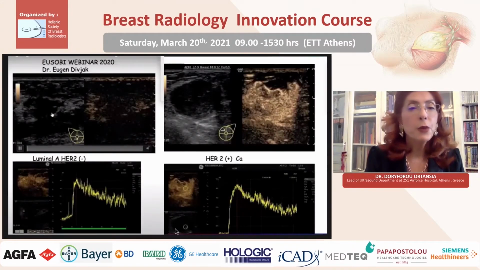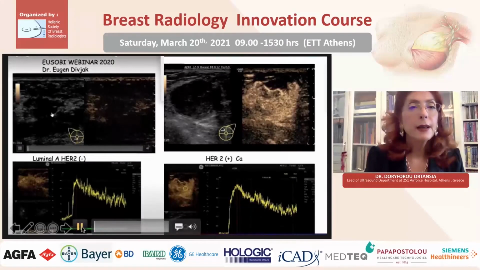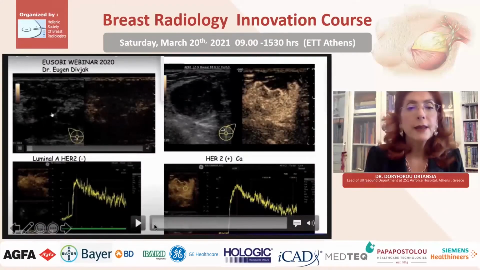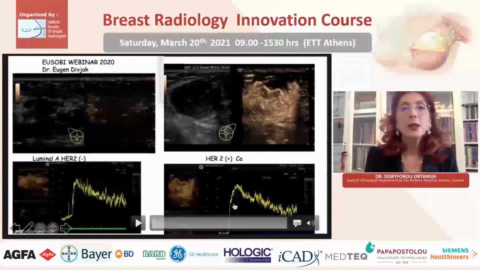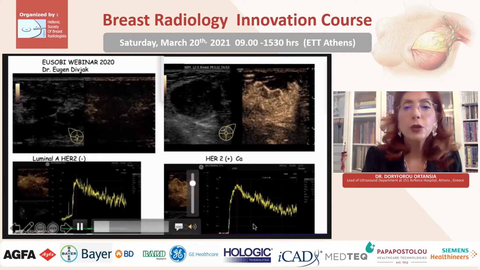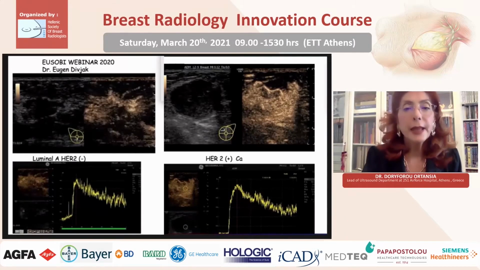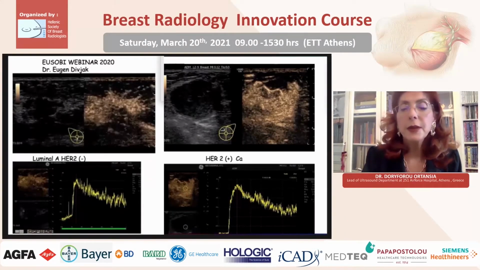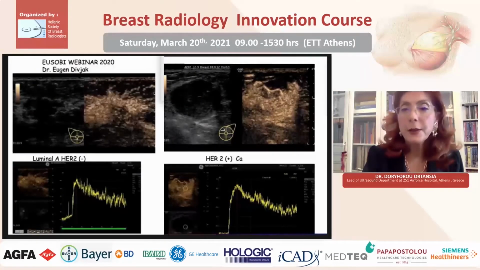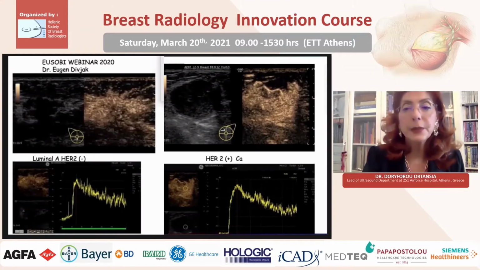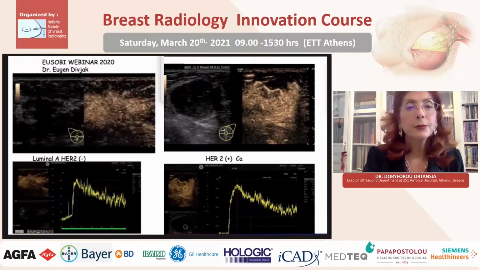These slides were borrowed from another USOBI meeting, and we see that there is avid enhancement, and we can not only evaluate the arterial enhancement, but we can also evaluate the time intensity curves, and in malignant lesions, a faster uptake and a steep time intensity slope.